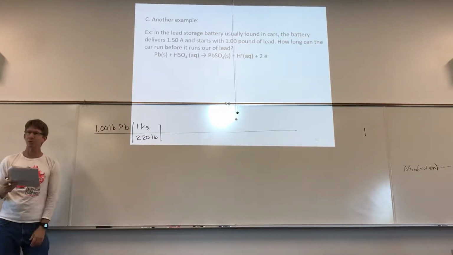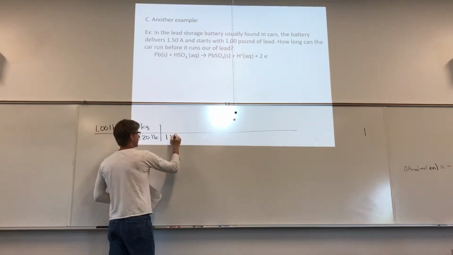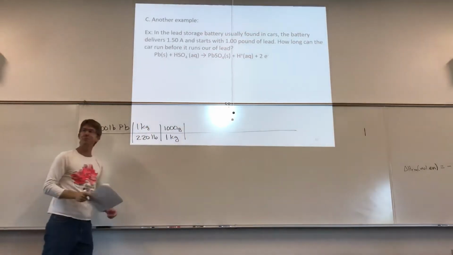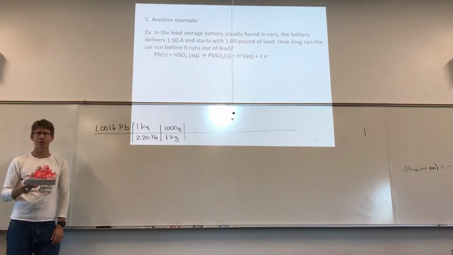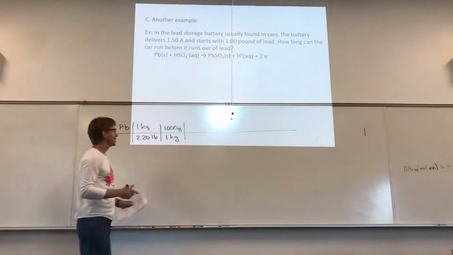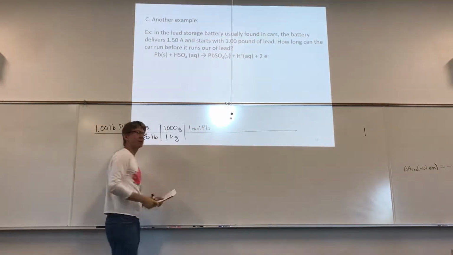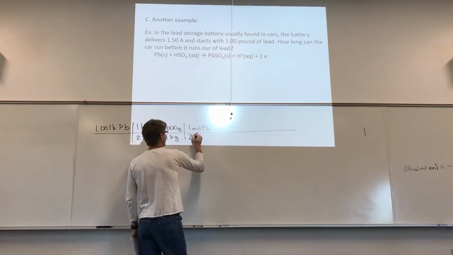Not a conversion factor we use too often, but there it is. We're going to need to go to grams of lead before we can really do the stoichiometry that we're used to. Then, using the numbers from the periodic table, 1 mole of lead is equal to 207.2 grams.